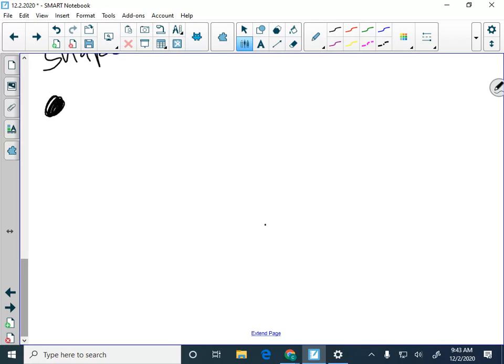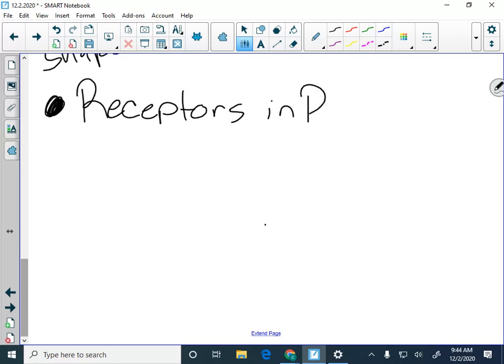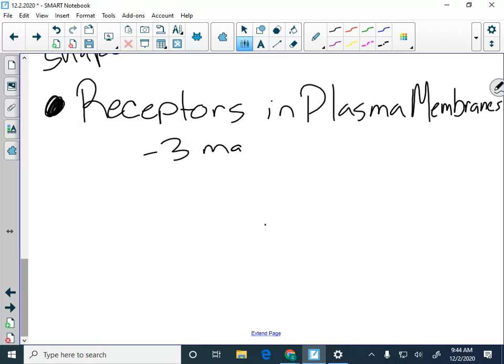I'm going to make this stand out. Receptors in plasma membranes. So, receptors in plasma membranes, there are 3 major types. So, the first one we're going to talk about is the most common. I'm talking like there's 800 plus different types of these receptors.